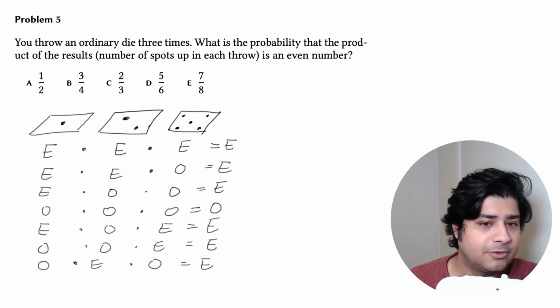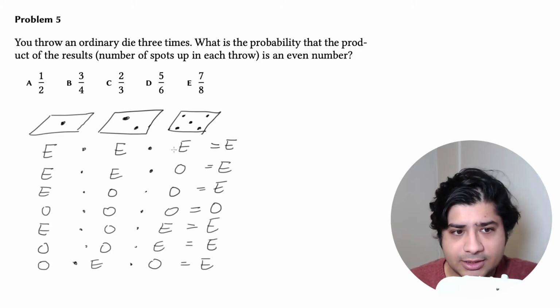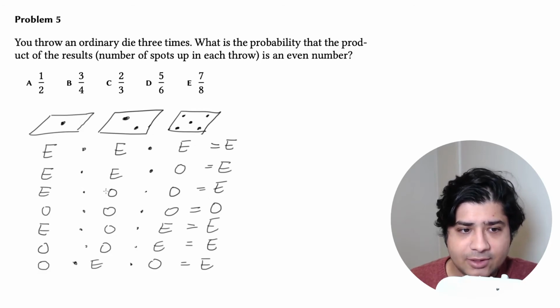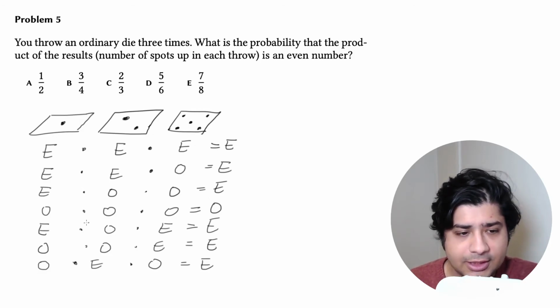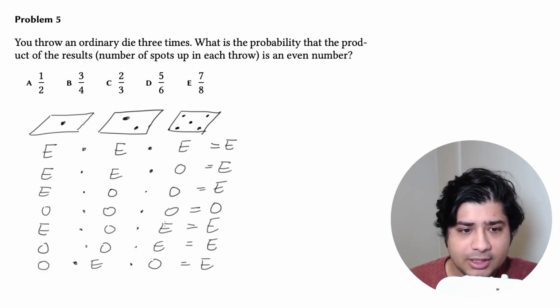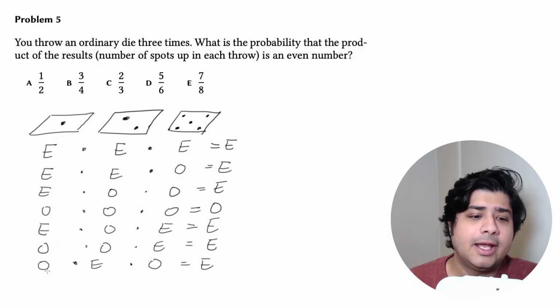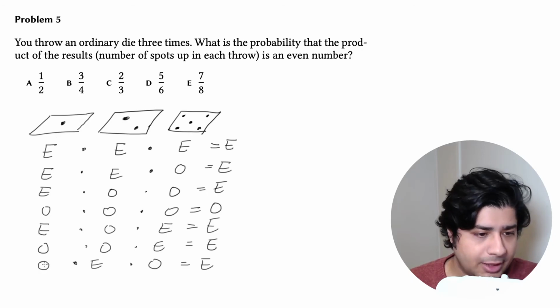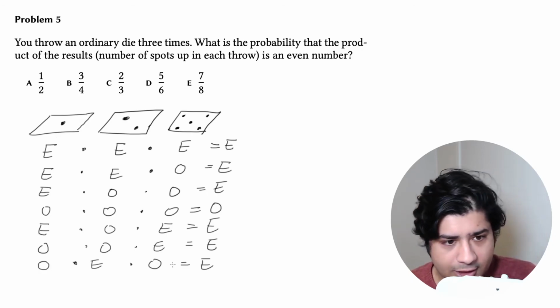Are there any that we forgot now? Well, let's see. So we got all the even ones up here, all the odd ones up here. And then we got the even, even, and then odd. And then we got even, odd, odd, and then odd, odd, odd. And then we have even, odd, even, odd, odd, even. And then we have odd, even, odd.